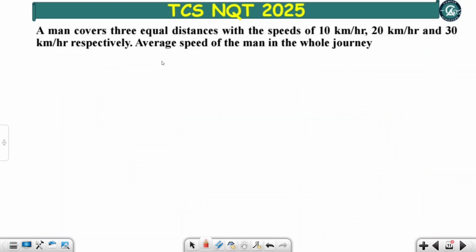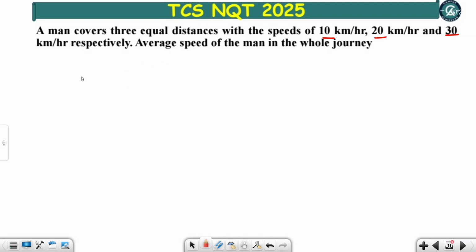Okay, next. A man covers 3 equal distances with speeds of 10, 20 and 30 km per hour respectively. The average speed of the man in the whole journey is? We can solve with 2 methods.